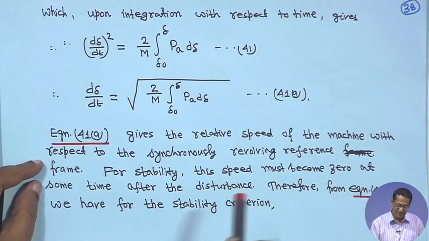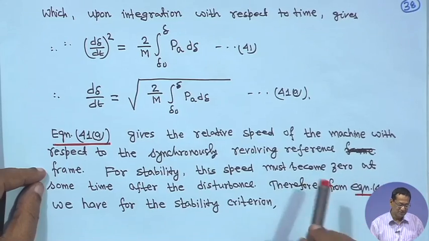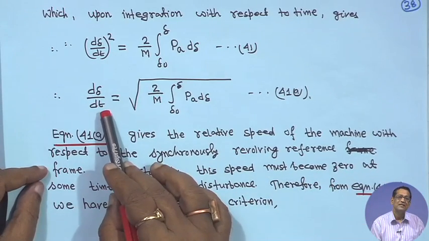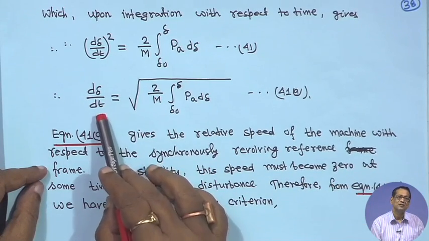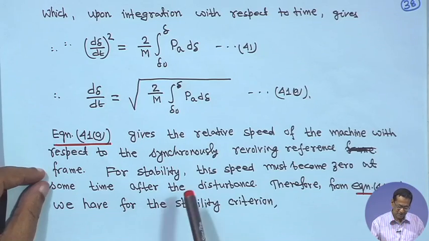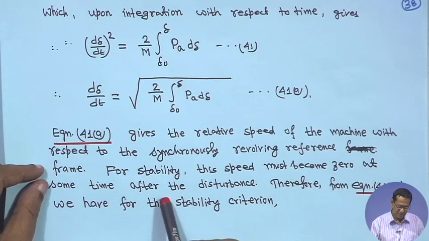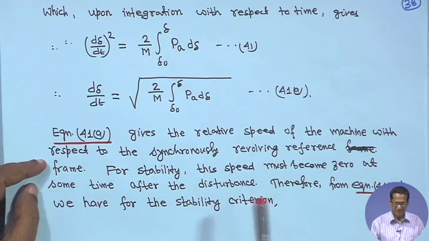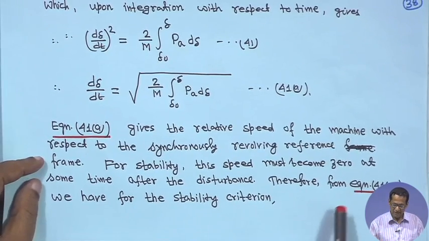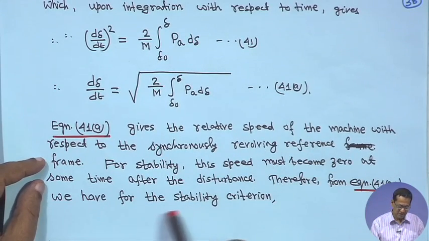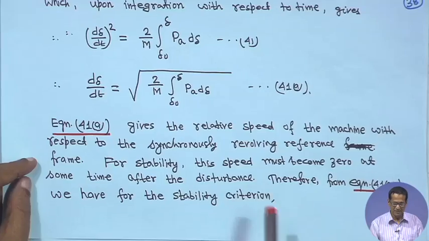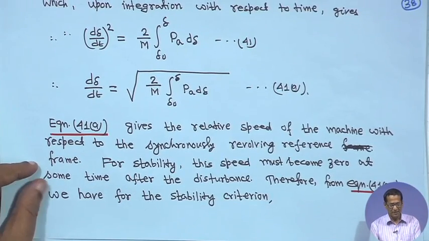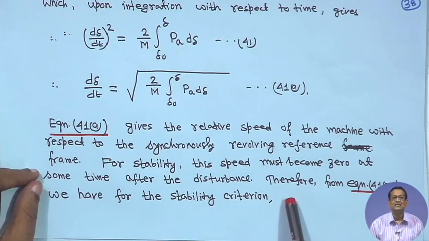So, for stability the speed must become 0, that means dδ/dt must be equal to 0 at some time after the disturbance. Therefore, from equation 41a we have the stability case.